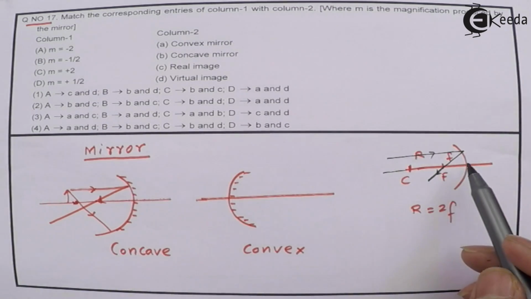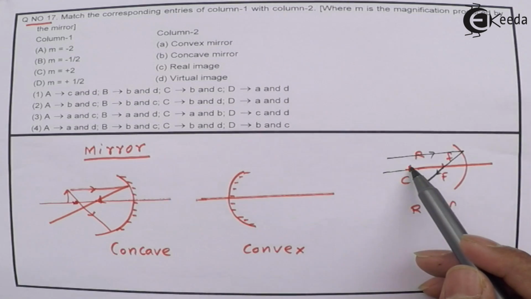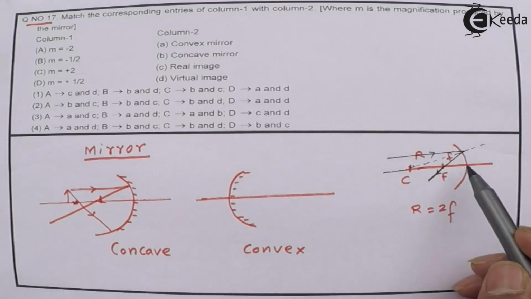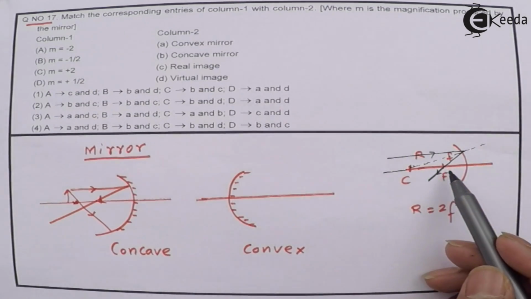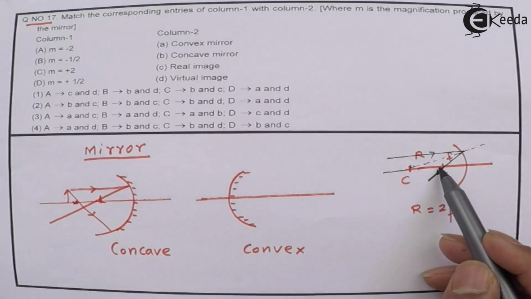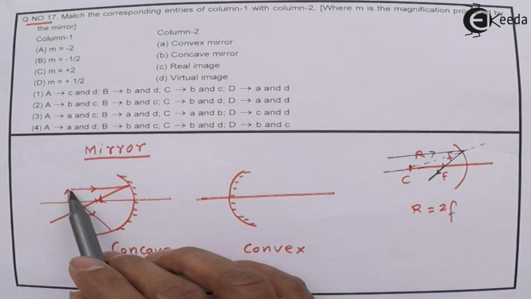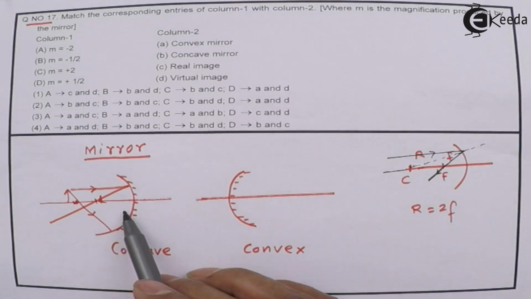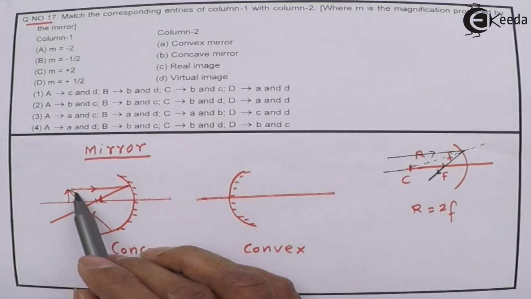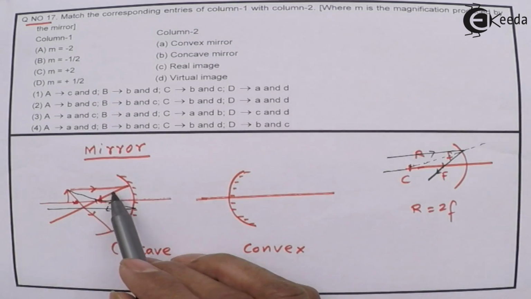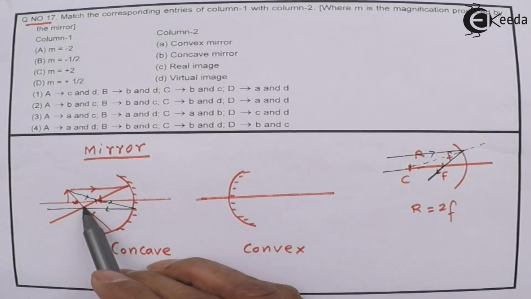And because this is the normal, it will be like that, so a ray passing through the focus becomes parallel. If I allow one ray to pass here, then it becomes parallel, and this ray and this ray will meet here, and what we get is an inverted image.